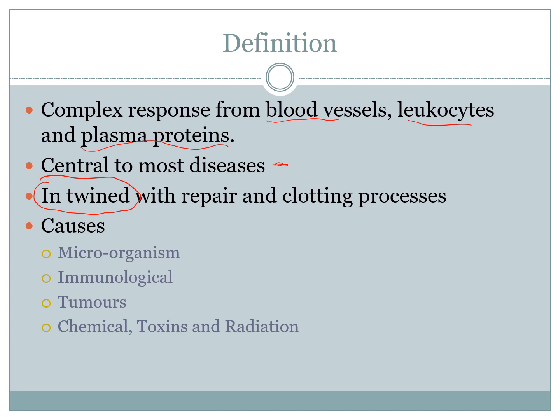Now the causes of inflammation. Whilst there are a huge amount of causes for inflammation, it can be broken down into infiltration of microorganisms, so bacteria, viruses, fungi, protozoa, all cause inflammation. An immunological response, so that can either be on the basis of an autoimmune disease or an allergy-based reaction.